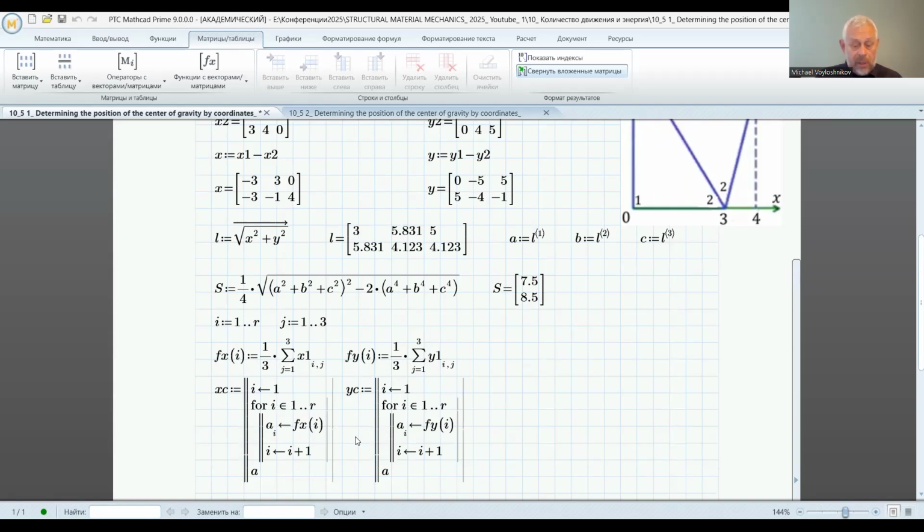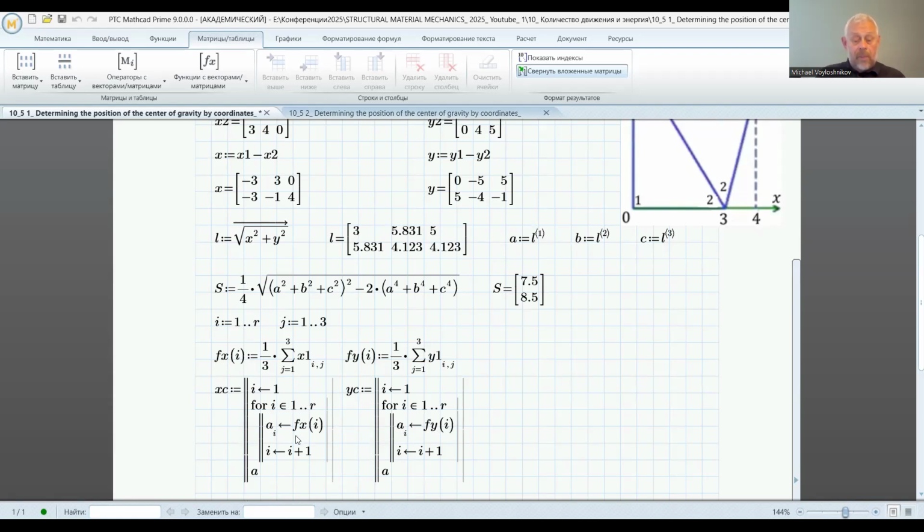We use these formulas to do that. In these cycles, like programs, the function is inside that cycle. So we redefine this to define finally yc for all three from 1 to R. These will be the vectors, where I is the index of this vector.